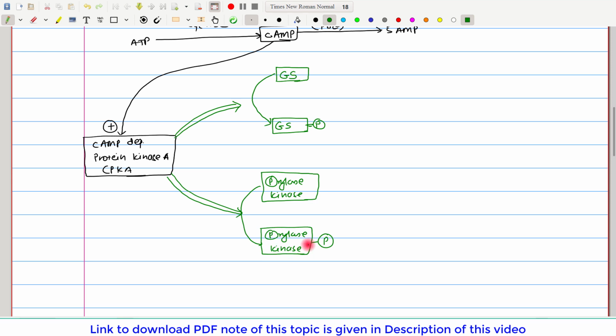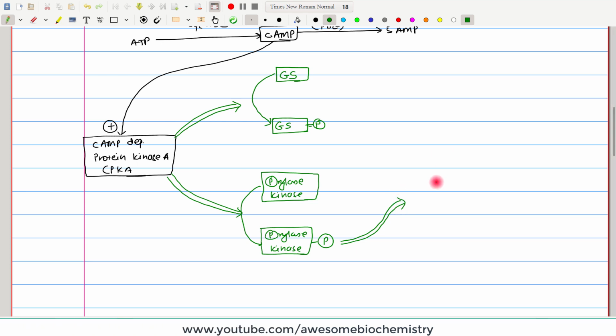What will this phosphorylase kinase do? It will carry out phosphorylation of one more enzyme, and that is our glycogen phosphorylase. So this is glycogen phosphorylase in its dephosphorylated form, and this is glycogen phosphorylase in its phosphorylated form. So this phosphorylase kinase will catalyze the phosphorylation of glycogen phosphorylase.